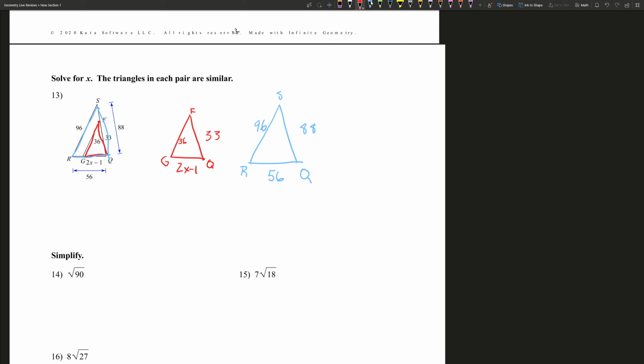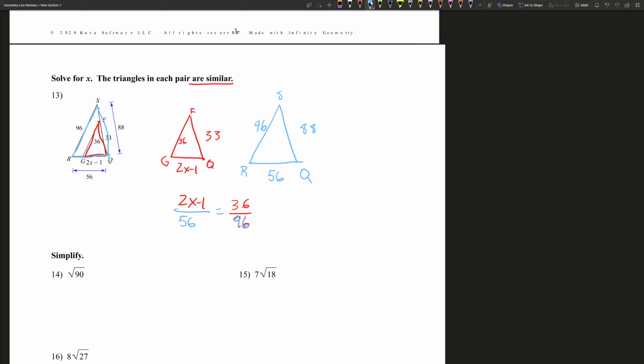so you really only need 2 sides for this because we're given that the pairs are similar. So our x is in GQ, which corresponds to 56. And that will equal, let's just take 36 over 96. And you could also pick 33 over 88, but it's really just up to you.